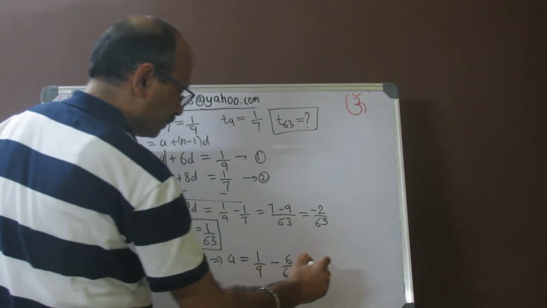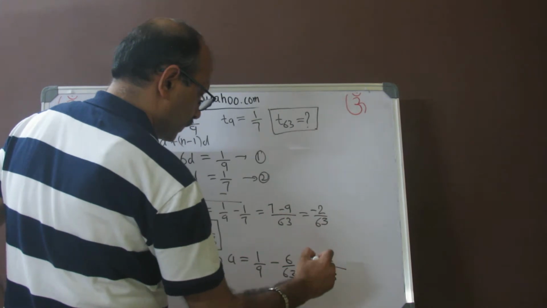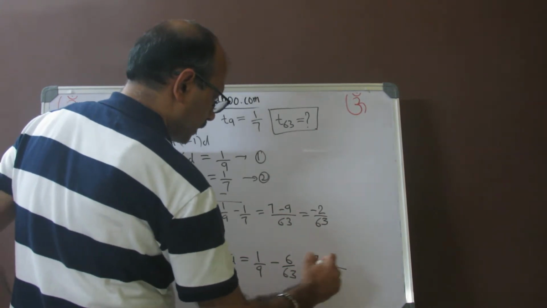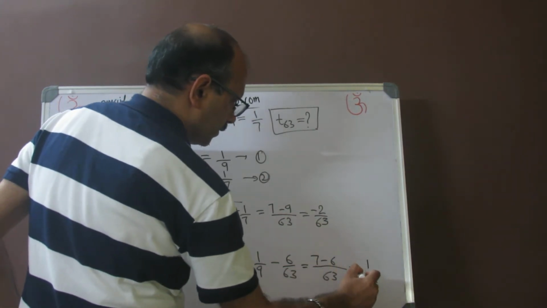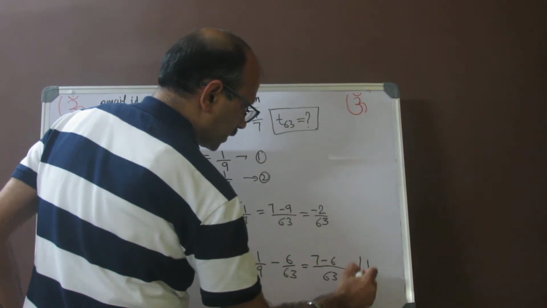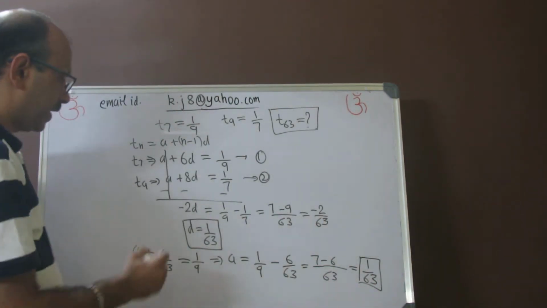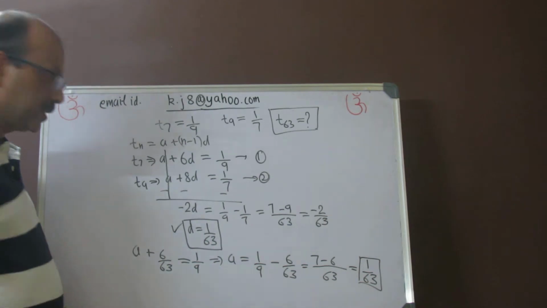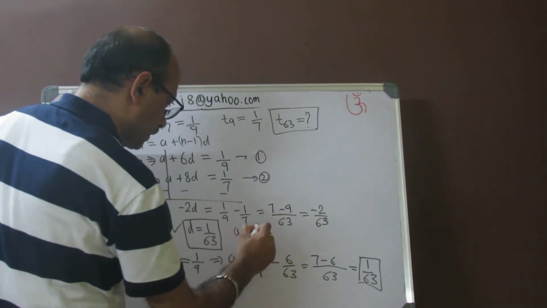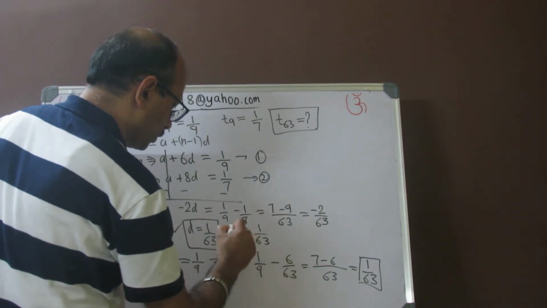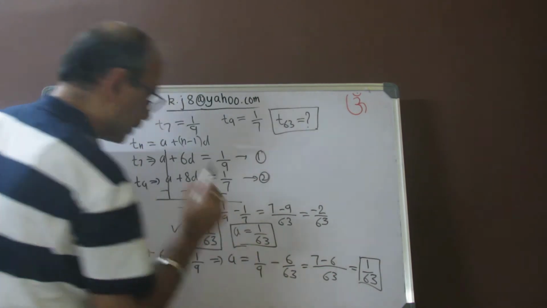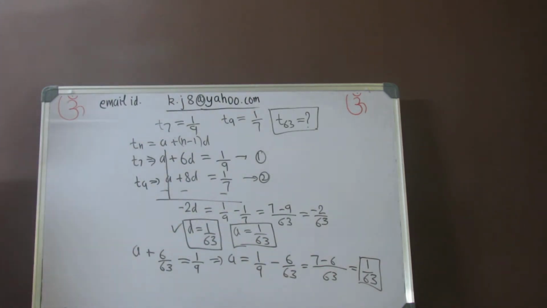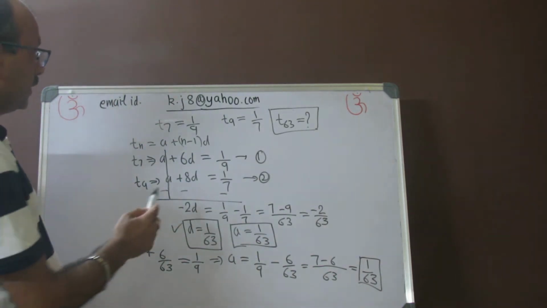Take the LCM, it would be 63 only. So 7 minus 6 upon 63, which is 1 upon 63. So what we find? D is 1 by 63 and A is also 1 upon 63.